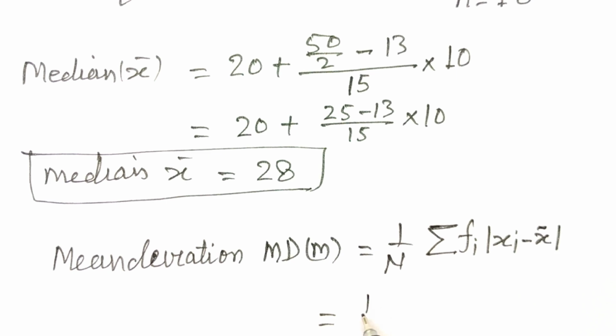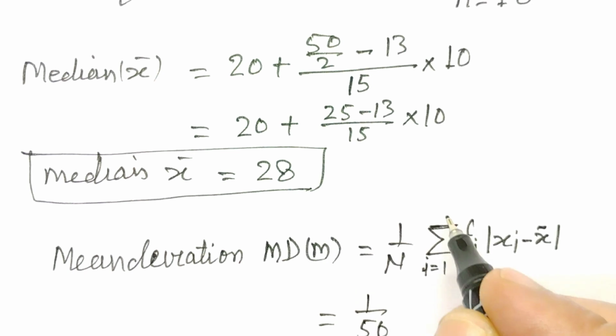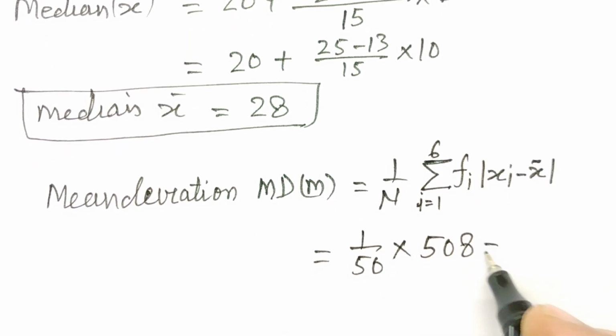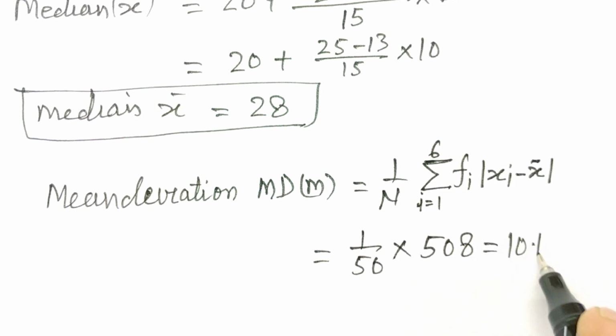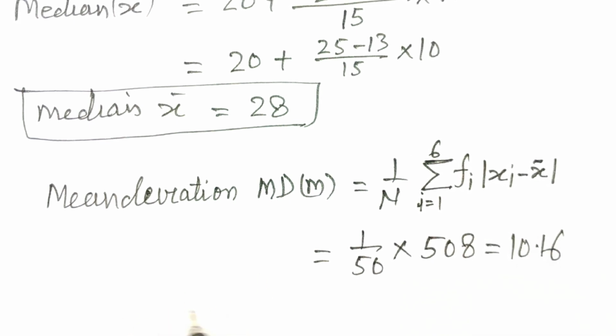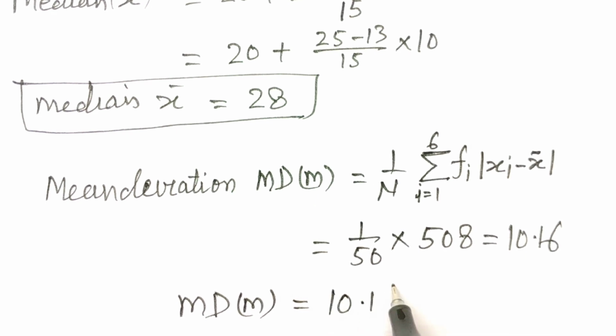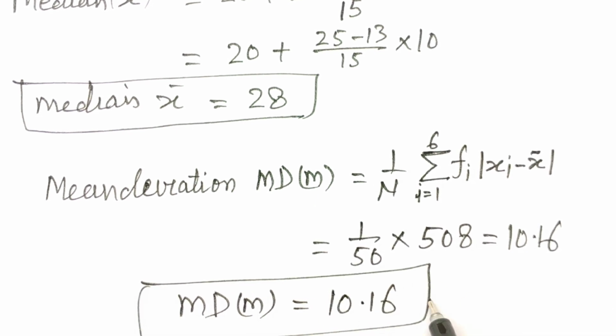So this will be 1 over n, which is 50, and the summation, here i is equal to 1 to 6, into this 508, right? So this will be 10.16. So the mean deviation about the median is equal to 10.16. Okay friends, thank you.